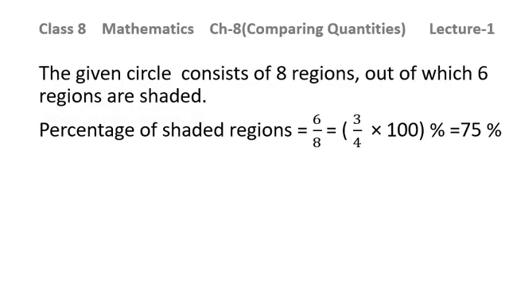So we have represented it first in the fraction 6 over 8, which is equal to 3 over 4. We have converted it into simple standard form, 3 over 4, and then multiplied it by 100%. The total will be 75%. So the percentage of shaded regions will be 75%.